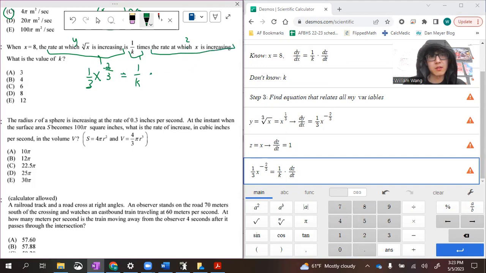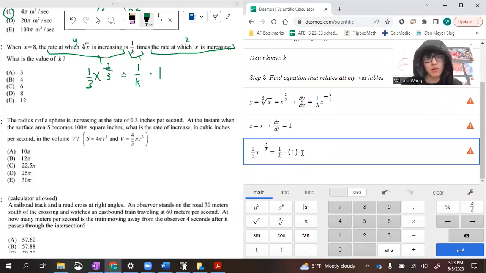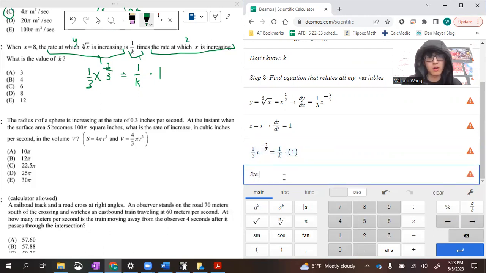The rate at which x is increasing, that's the derivative of x, times 1. Right? dz over dt, we said here, is literally 1. Okay, what is the value of k? Well, I just need to solve this equation. Step 4, plug in values and solve.